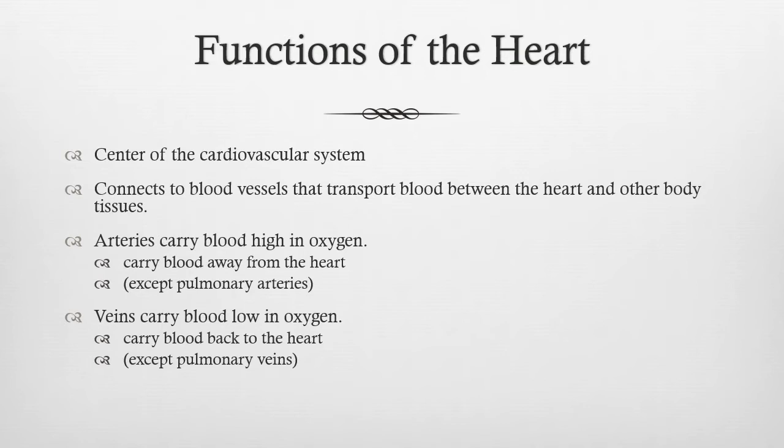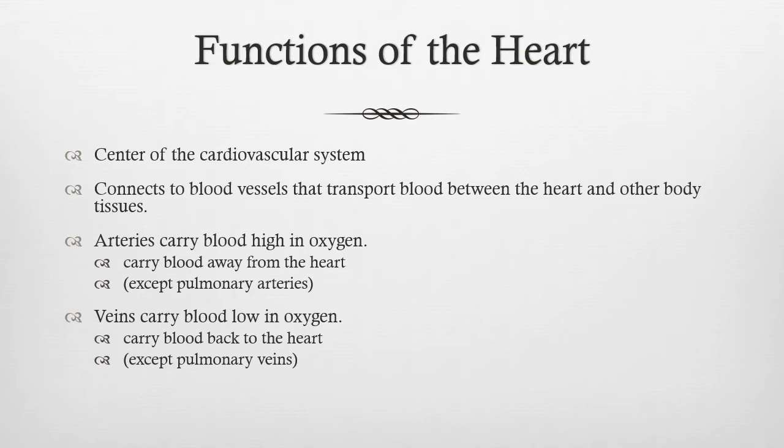When we look at the heart and all of its circulation, we have arteries, which are always taking blood away from the heart, and veins that are always taking blood back to the heart. The only place where this is, in a sense, not true, as far as the high oxygen versus low oxygen content of the blood, is in the pulmonary circulation.